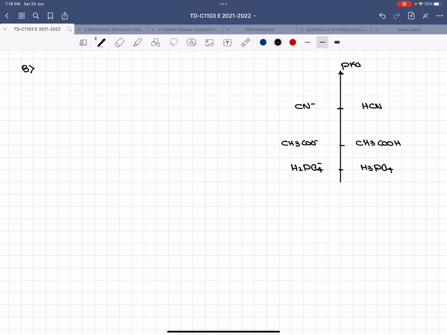CN minus. However, for me, I always prefer that if you have a triacid, put all its species. For example, H3PO4 also has H2PO4 minus, HPO4 2 minus, and PO4 3 minus, even though they don't exist in the given, it doesn't matter, because at the end you're gonna highlight what you have in your given.